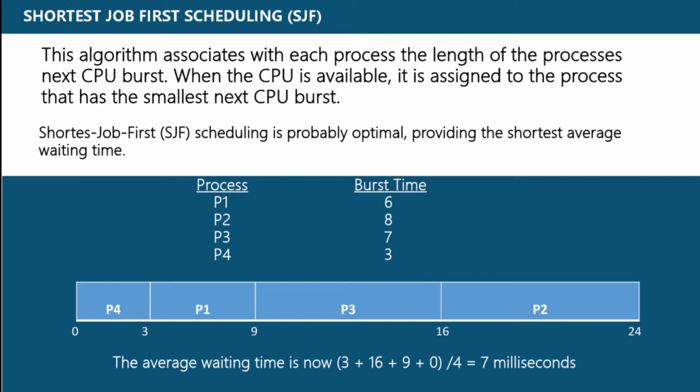And P3, 9, because by adding the P4 burst time and the P1, we have 9. And 0 for P4 because it is considered the shortest job first. It has the shortest job, so that is why it is the one that is allocated first. So divided by 4, we only have 7 milliseconds.